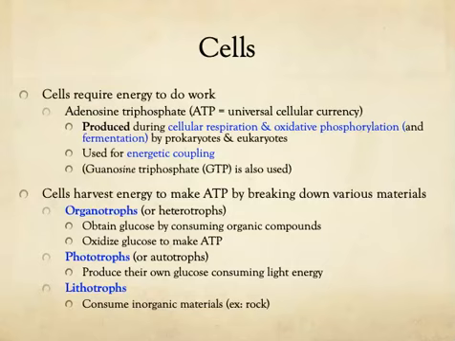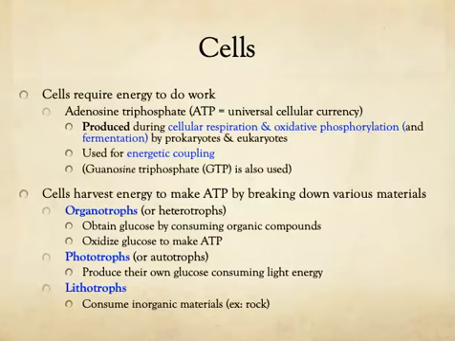So we can categorize organisms by how they get energy necessary to produce ATP. Organotrophs, or what are sometimes called heterotrophs, get their glucose by consuming organic compounds, sometimes consuming other organisms. They get the glucose by eating other organisms or other sources of organic compounds.